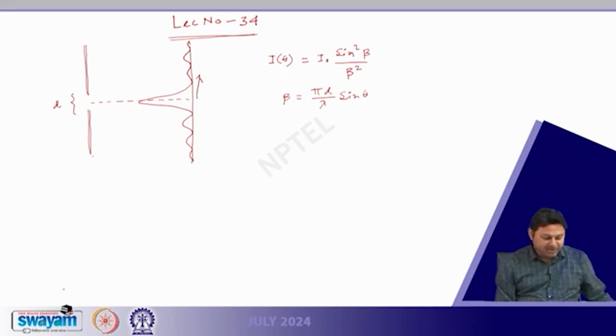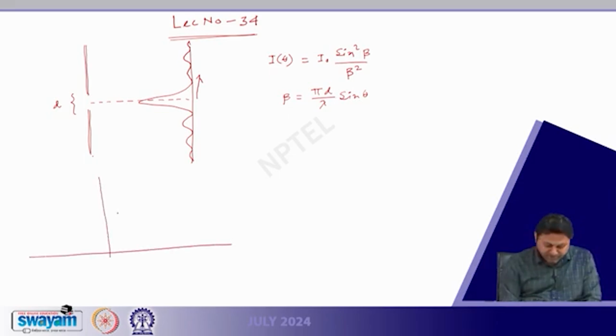So, this is overall the structure that we calculate, and then we try to understand the condition of maxima and minima. That means, at which theta I am going to get maxima and minima. So, let me write down the structure once again.